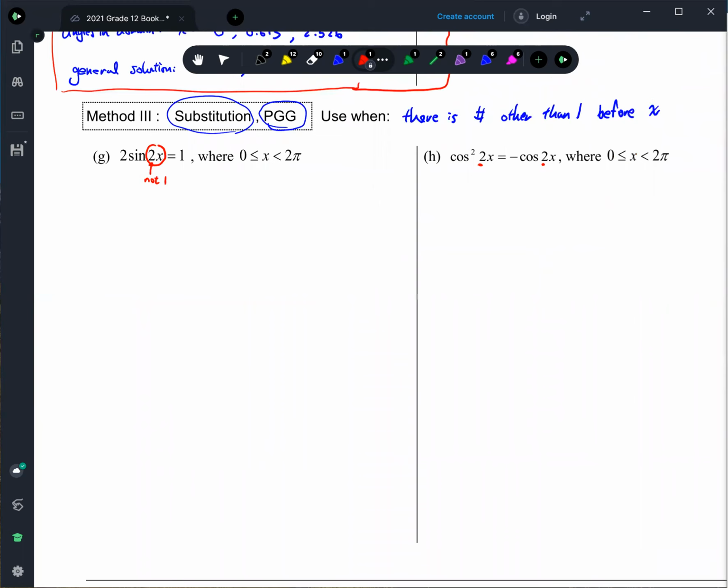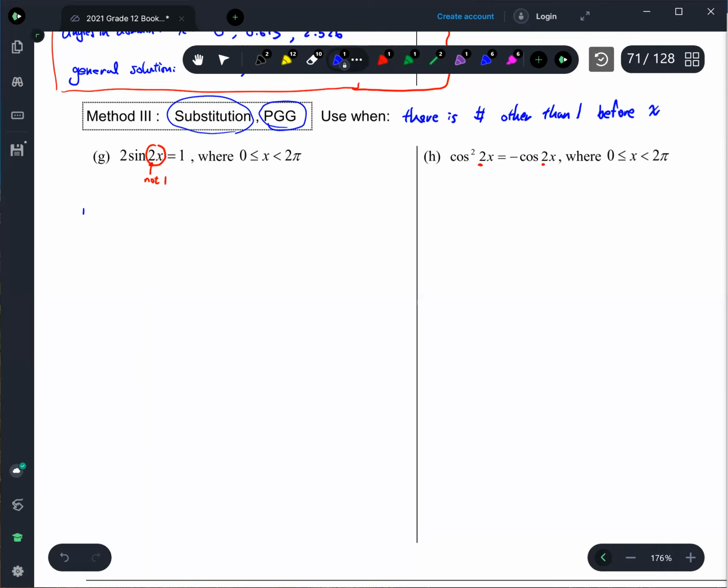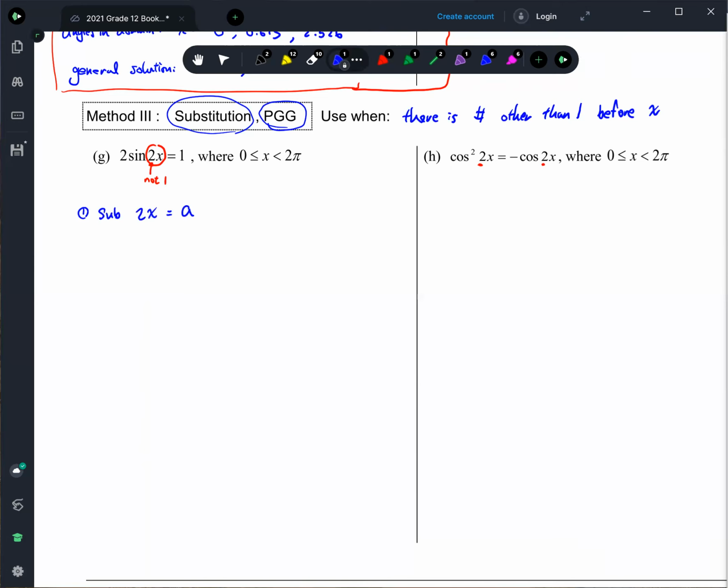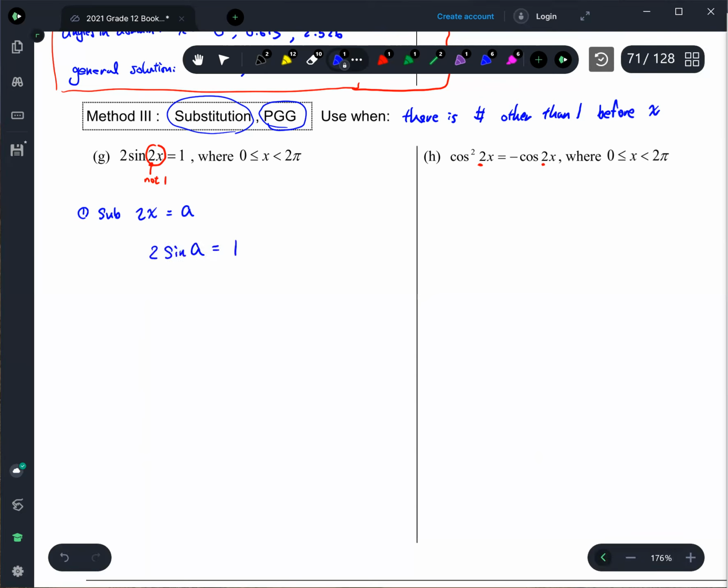So the part where we need to do substitution is to replace the 2x first. So step 1, we sub the 2x with a different letter. We'll choose A here. If I do that, then the question now looks like 2 sine A equal to 1.